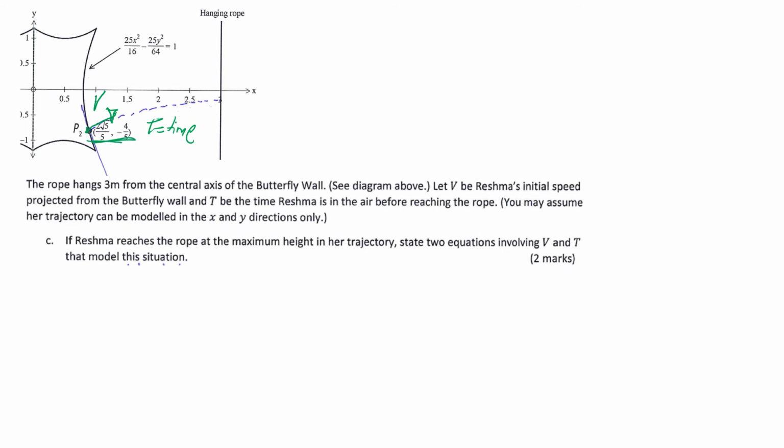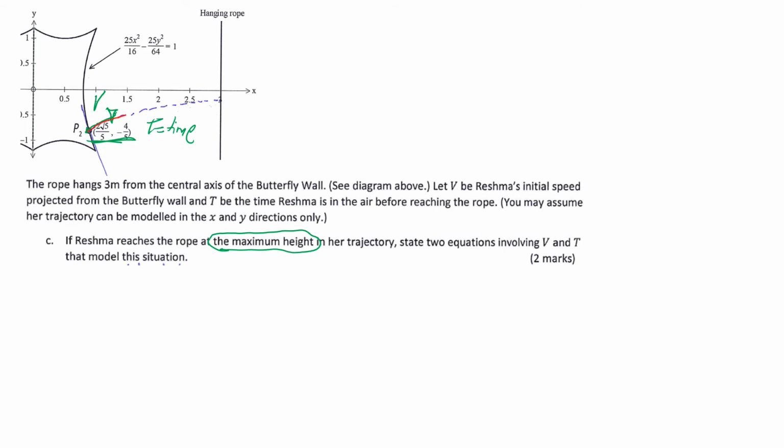So you may assume her trajectory can be modelled in the x and y directions only. So there's no sideways movements, in other words, as she's jumping from the edge of the butterfly wall onto the hanging rope. If Reshma reaches the rope at maximum height, here I've drawn a dotted line for her trajectory.